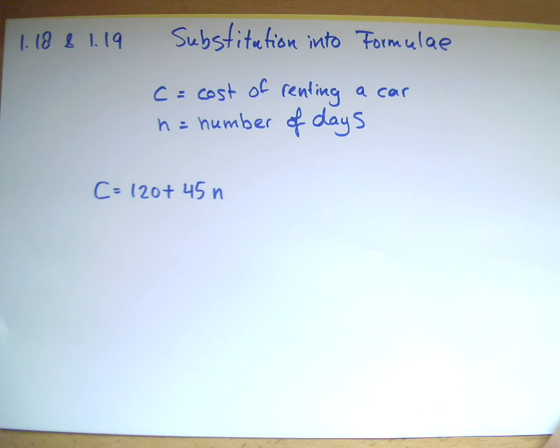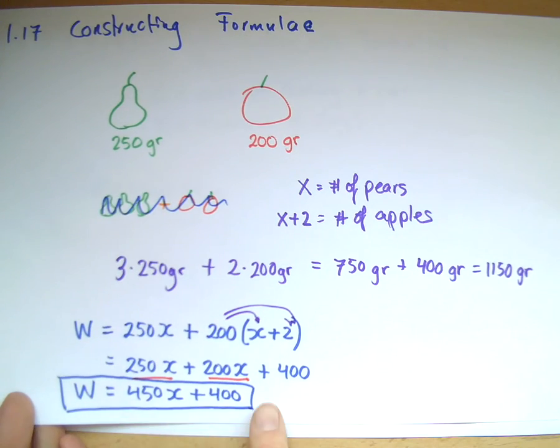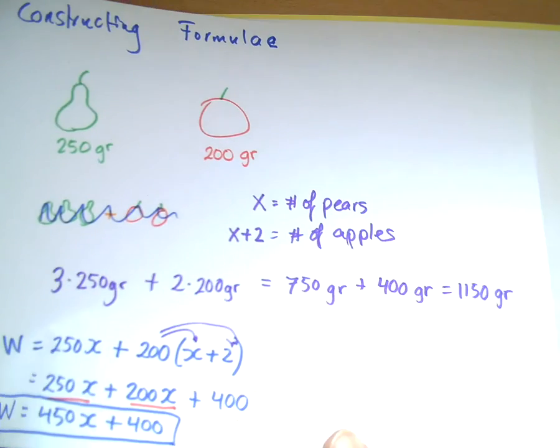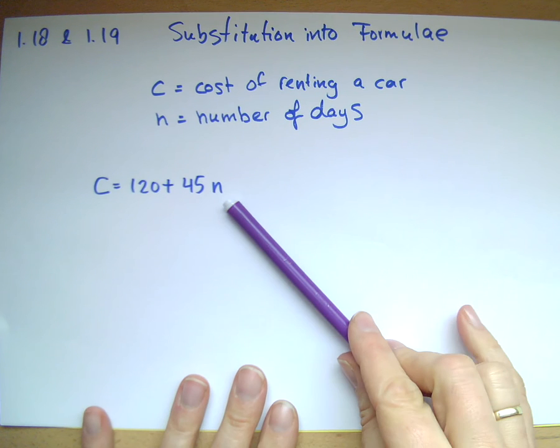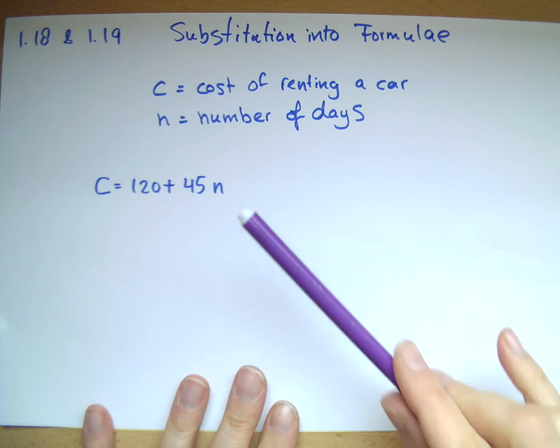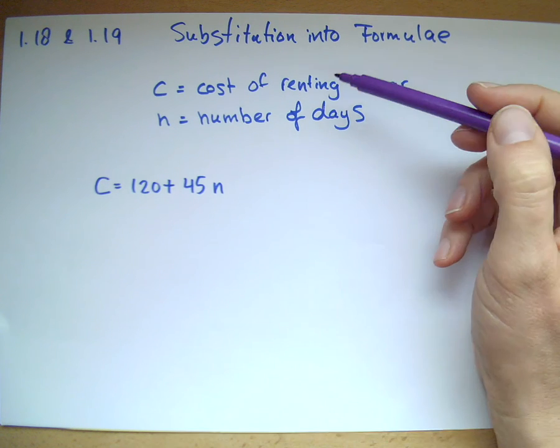Now, we just came up with our own formula to find the weight of our fruit. Sometimes they'll give you a formula and they'll ask you to find... no, I'm just going to tell you the story.